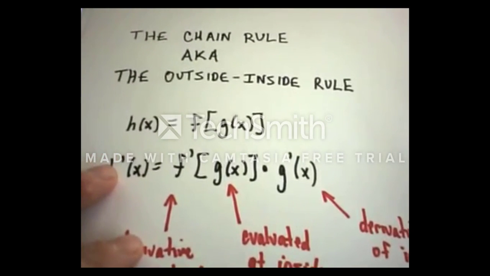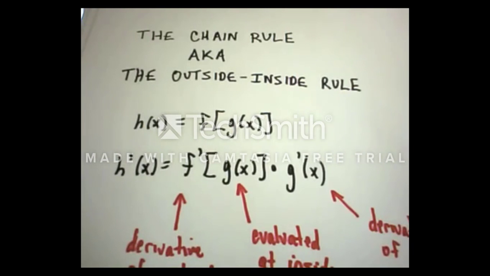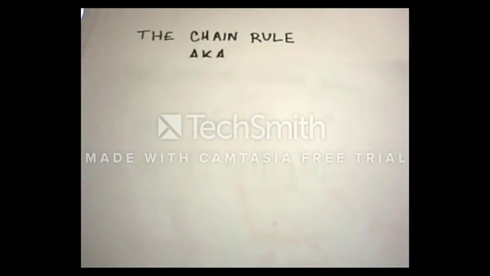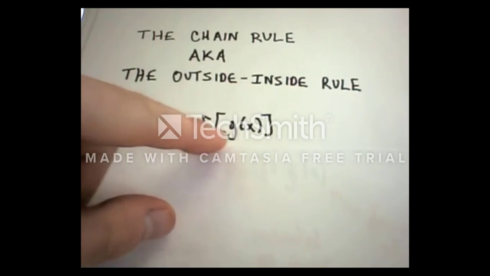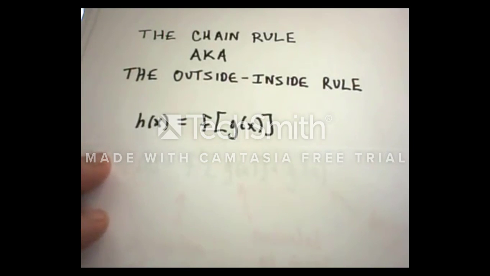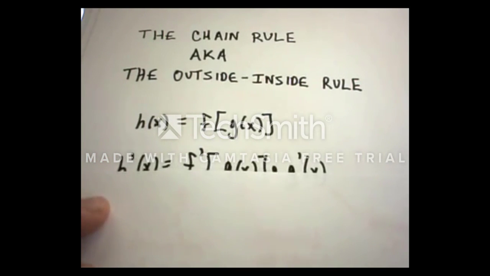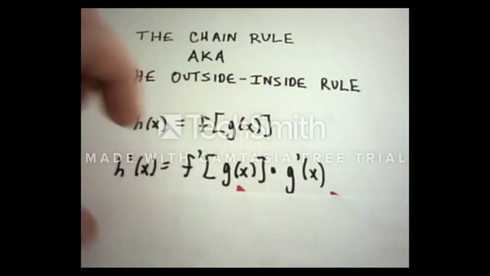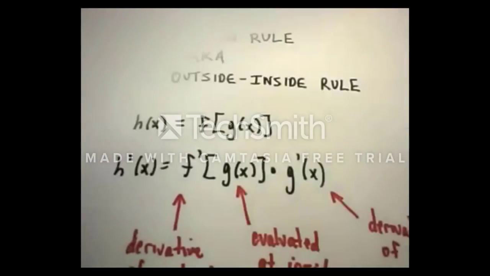The good old chain rule, or as it's sometimes called, at least this is how I first thought about it, the outside-inside rule. So this is what the chain rule basically says. You start off with a function that's actually a composition of functions, and to take the derivative of that, it's the derivative of f with the inside left alone, multiplied by the derivative of the inside.